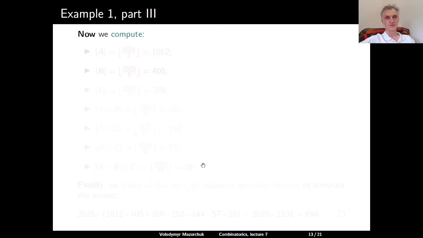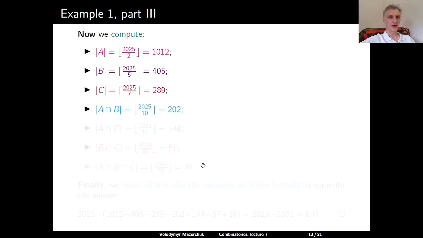Now we compute the cardinality of A, that's a floor function of 2025 divided by 2, this is 1012. The cardinality of B, that's a floor function of 2025 divided by 5, that's 405. The cardinality of C, it's 2025 divided by 7, that's 289.